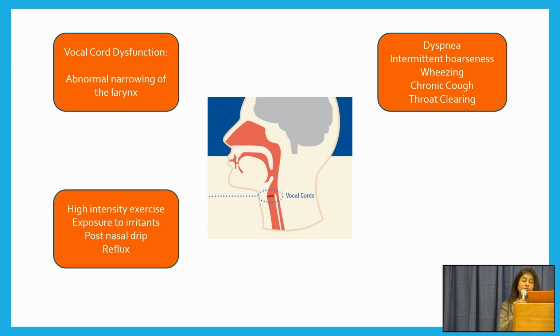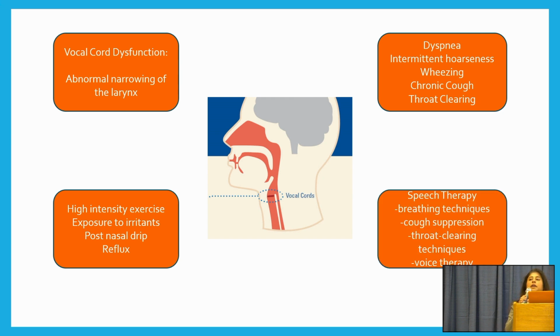It can occur in the most obscure situations: high intensity exercise, irritant exposure, postnasal drip, reflux. These are just a few. The actual therapy is one of my favorite things to treat because it's really speech and voice therapy. It is breathing exercises, cough suppression, throat clearing techniques, and voice therapy.